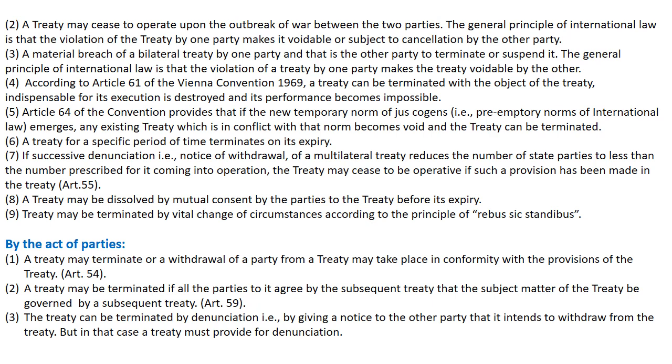So all we have is 9 kinds of circumstances. If the state becomes extinct, if there is a war, if there is a material breach, if the performance of the treaty becomes impossible, if a new peremptory norm emerges, if the time period has expired, if states want to withdraw and the number of parties has reduced to the minimum, if it is dissolved by the mutual consent of the parties, and if the treaty is terminated by a change in circumstances according to the principle of rebus sic stantibus.